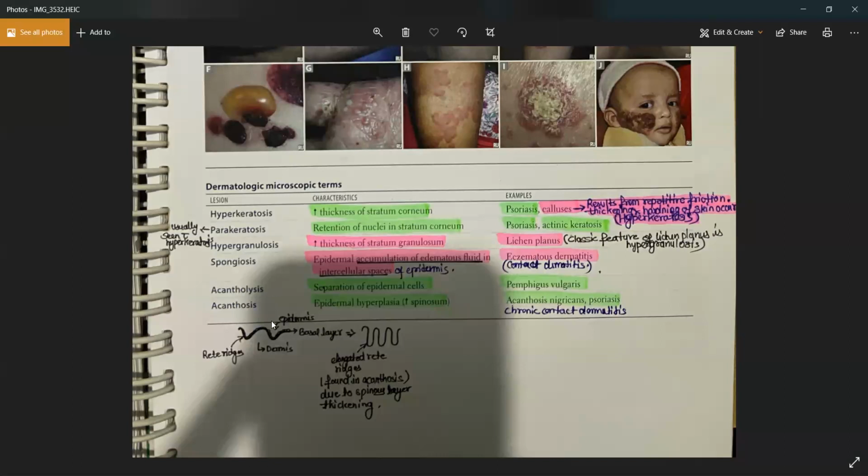That's a huge difference between acanthosis and hyperkeratosis. Acanthosis is seen in acanthosis nigricans and psoriasis. You can also get acanthosis in chronic contact dermatitis. These are all the features of acanthosis. Any doubt?